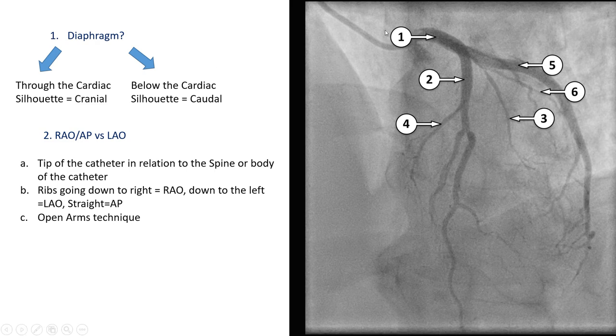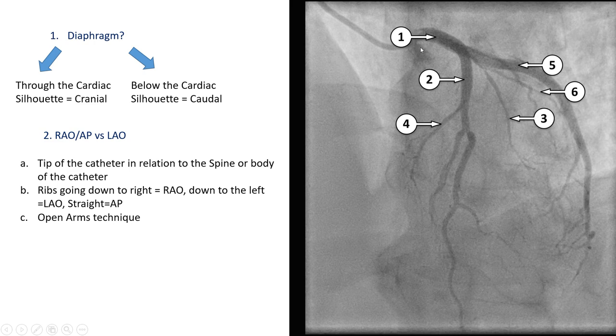You look at the screen, and this is the tip of the catheter somewhere here, and this is the body of the spine. The relationship is between the tip of the catheter and the body of the spine. The tip of the catheter is to the left of the body of the spine, so that makes it LAO.